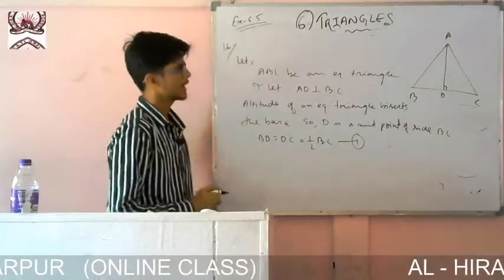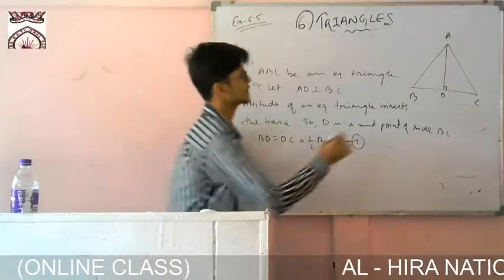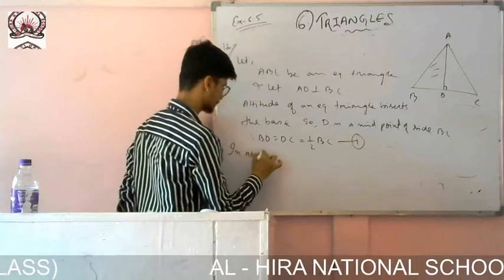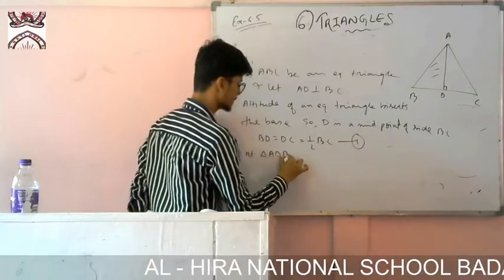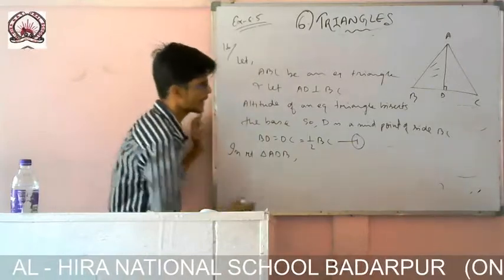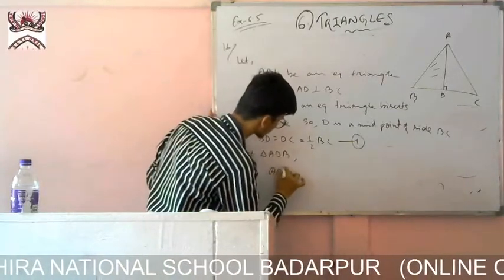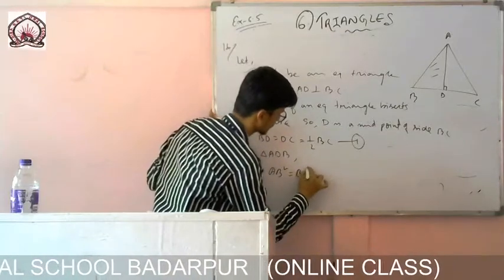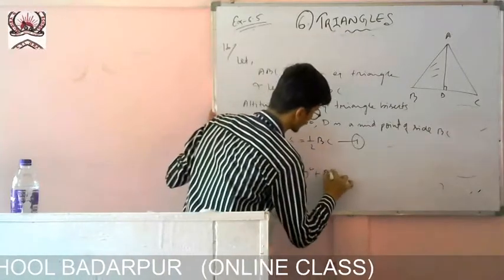So now you see, in triangle ADB, I am taking this part. In right triangle ADB, I can write AB square is equal to BD square plus AD square.